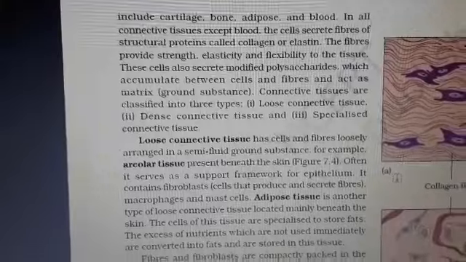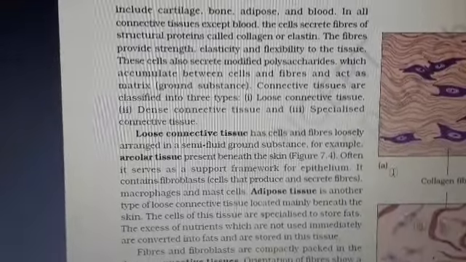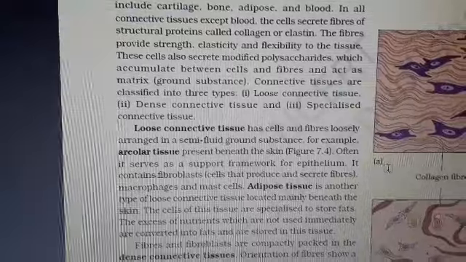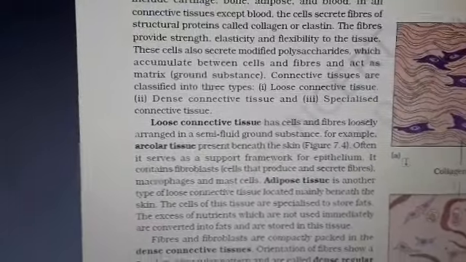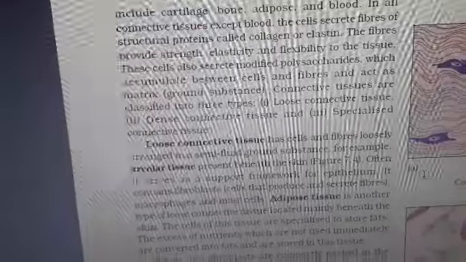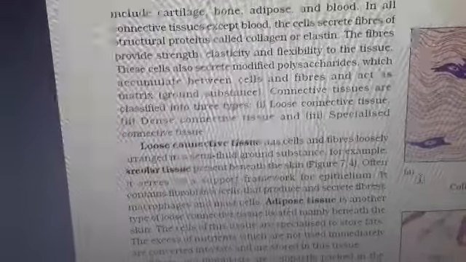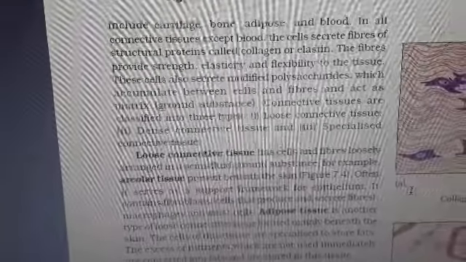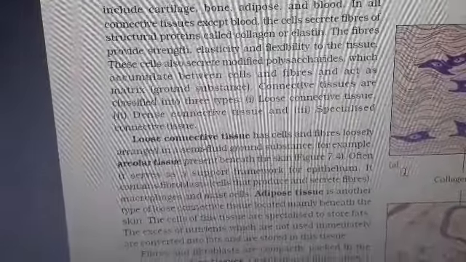So in all the connective tissues except blood, these cells secrete fibers of structural protein called collagen or elastin. Now, what is collagen or elastin? Collagen or elastin is a type of protein fiber which provides strength, elasticity, and flexibility to the tissue. So they are the fibers. Now these cells also secrete modified polysaccharides which accumulate between the cells and fibers and act as a matrix.